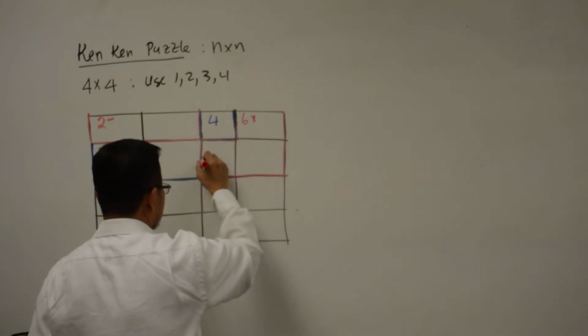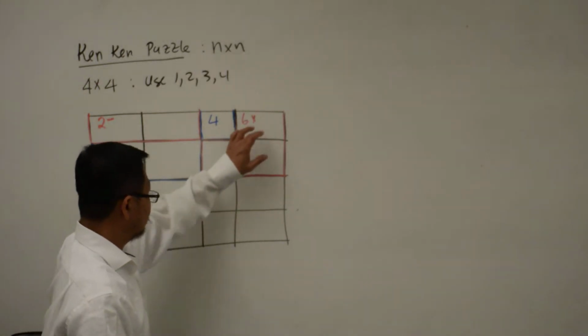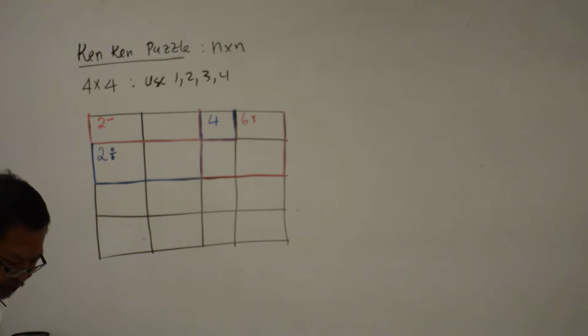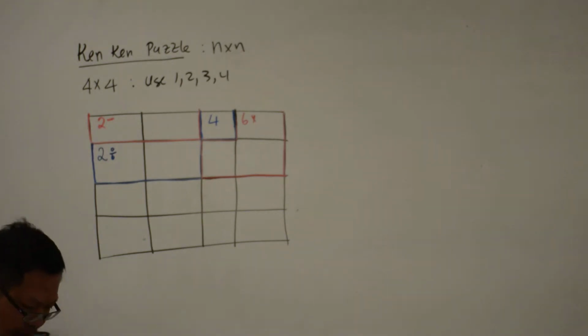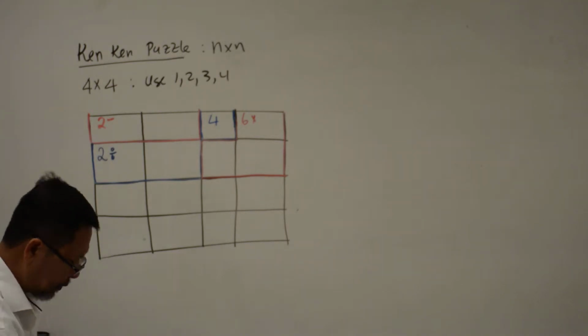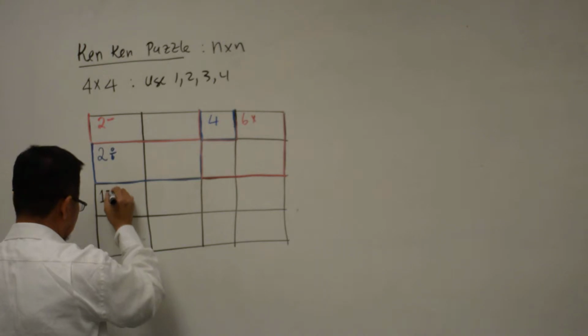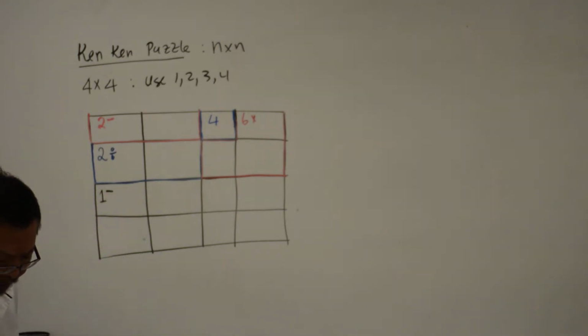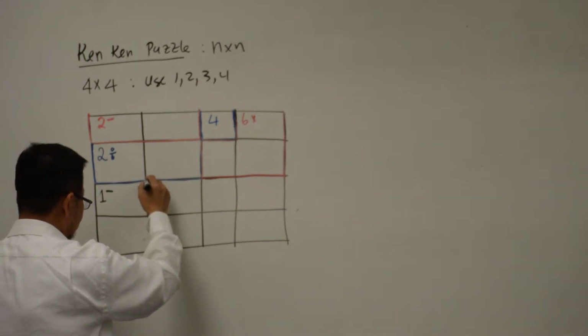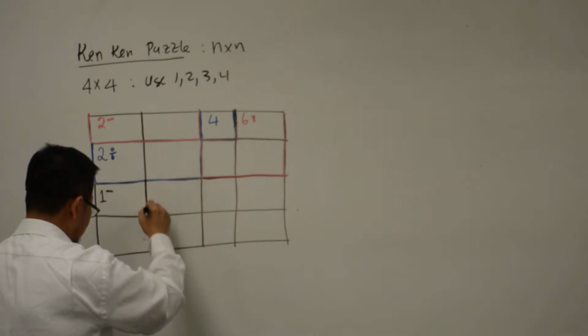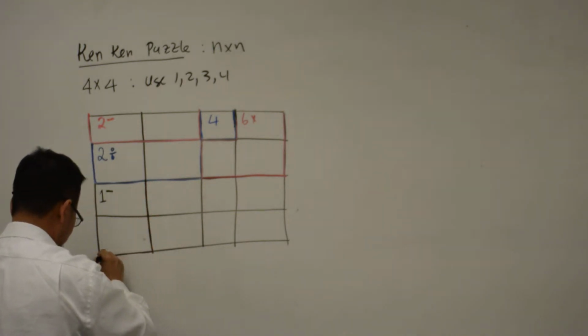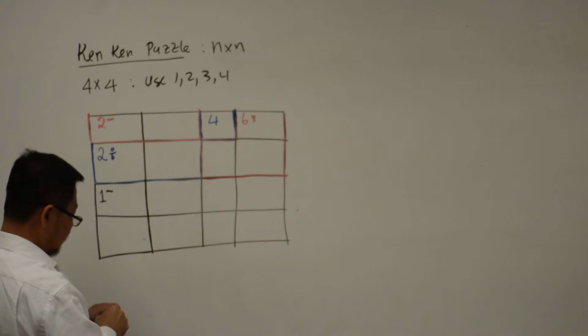So this is 6, you have 3 columns or rows here. And then I have 1, which is minus, so the cage for 1 is from here to here. That's 1.